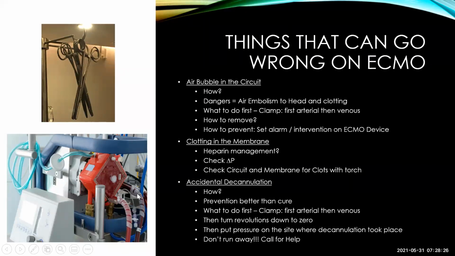So if you think about it nicely, anywhere that we're going to open on this side of the membrane, which is post-membrane, the blood will be spurting out. So there won't be any space for air to come in there because it's a pushing pressure. The air bubbles can only come into the patient at the pre-membrane side where we are sucking the blood out of the patient.